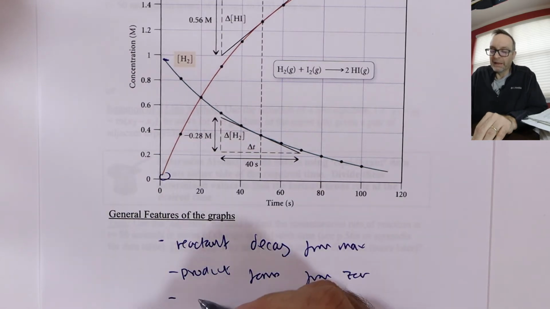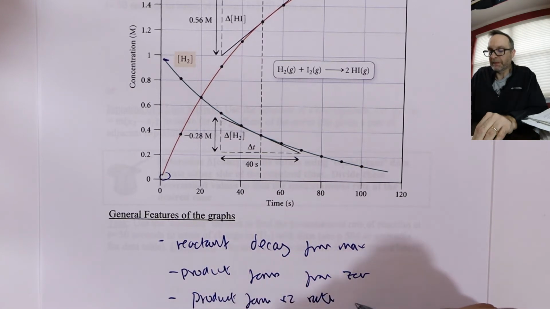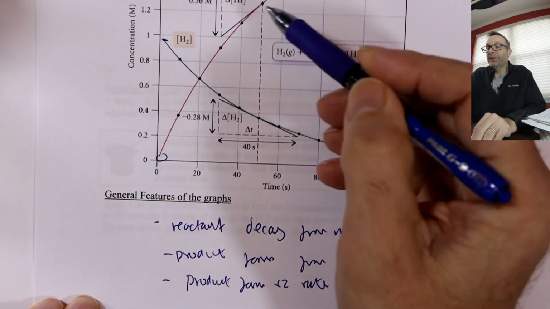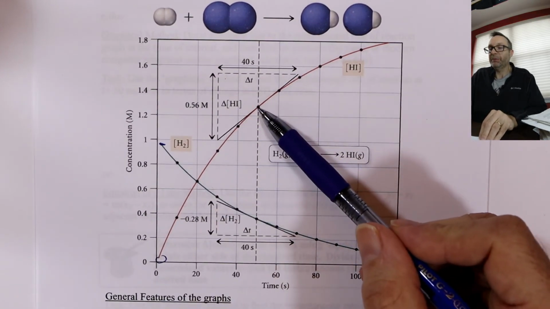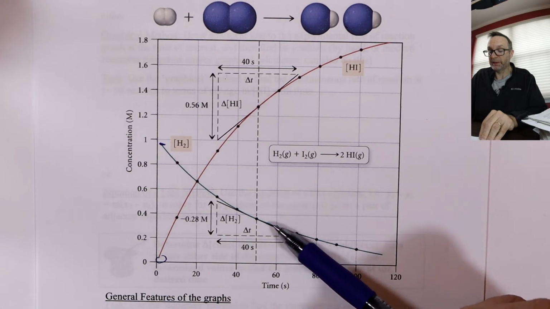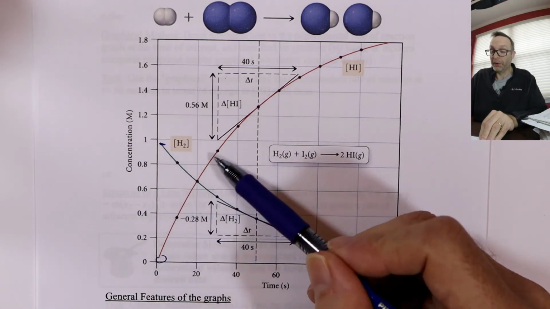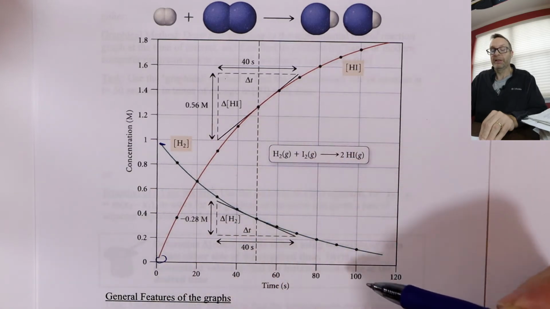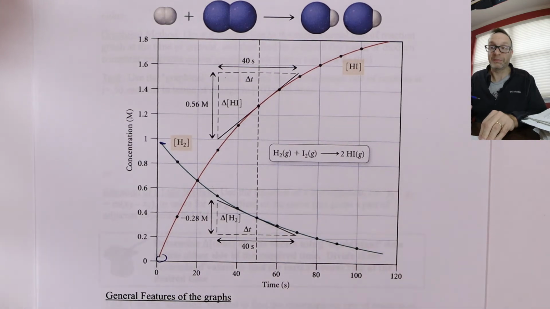And product forms at twice the rate of reactant loss because of the 2-to-1 stoichiometry. 2 of these for every 1 of these. The gradient at any point in time, and we'll confirm this with math in a moment, is going to be twice as big. Also, this will be a positive slope, if you like, because it's appearing. This will be a negative slope because it's disappearing. If we just throw the numbers into the formula, we'll see that just comes out naturally.